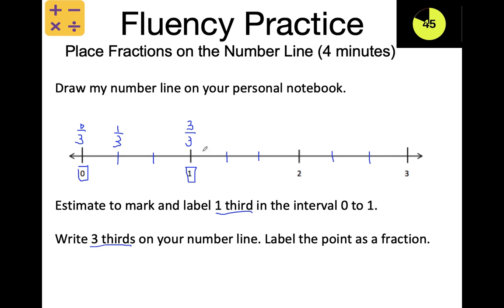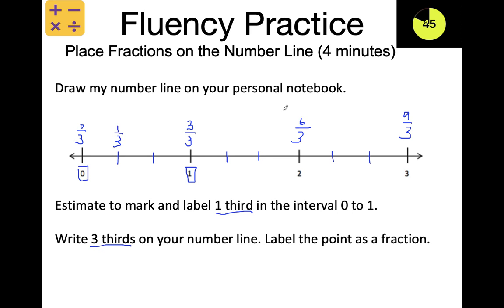So you have 3/3, 4/3, 5/3, and the number 2 is 6/3. This would be 7/3, 8/3, and then this is going to be 9/3, the whole number of 3.